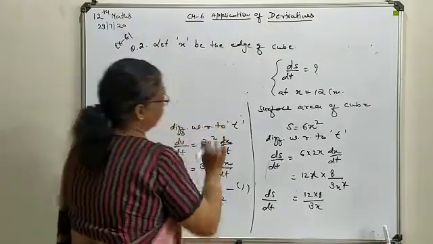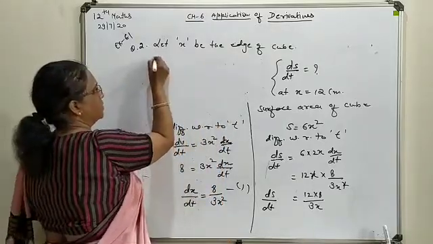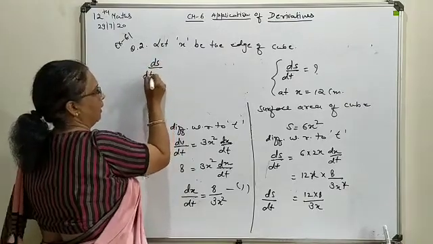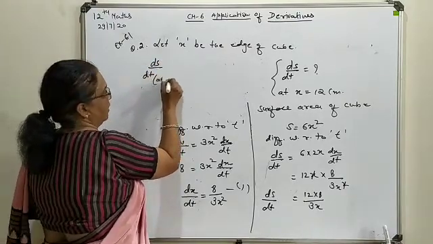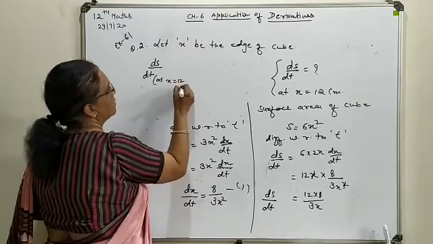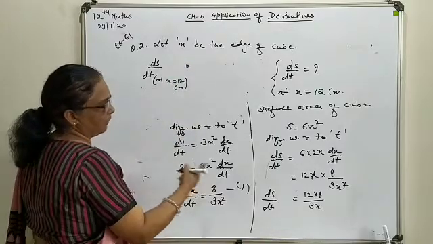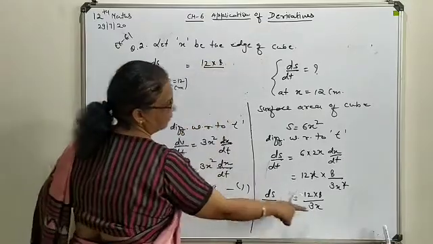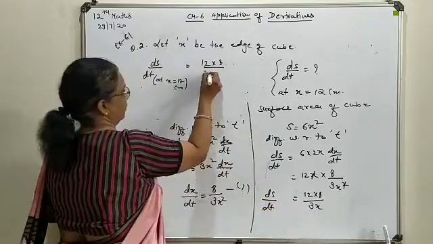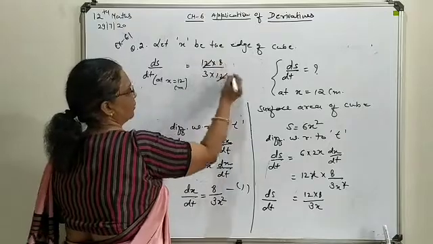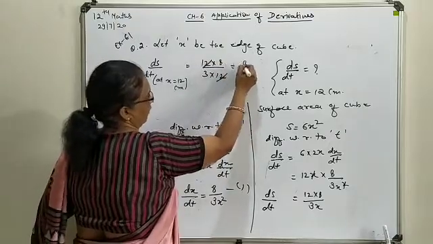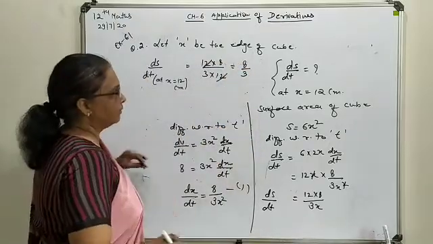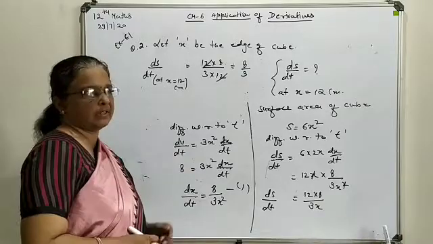Now what is the required form? The increase in the surface area at x equal to 12 centimeter. So this will give you 12 into 8 upon, in place of x you will write 12 over here. 12 cancels, which is why before that I had not cancelled it. It is 8 by 3, which you can also write in decimal form.